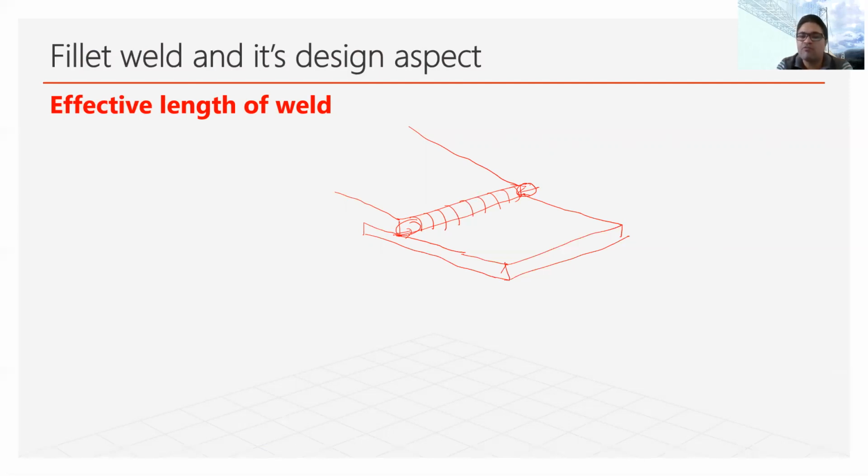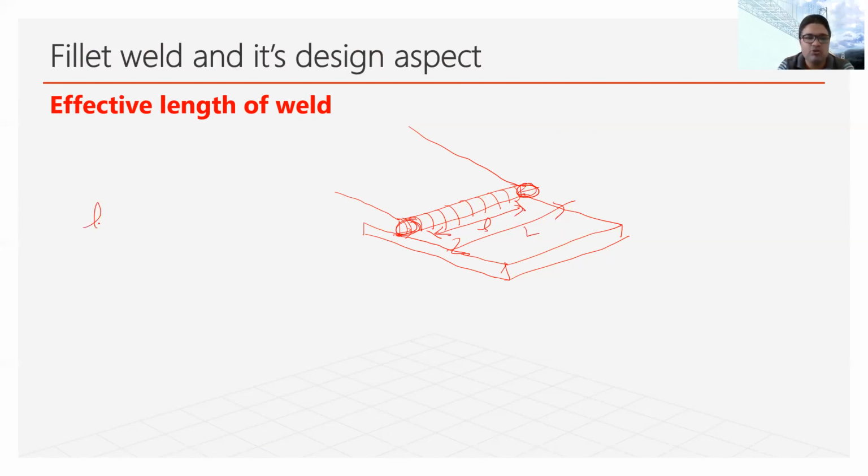So if we assume that practically this length is capital L, we know that initially and at the end there is a little taper, and because of that the throat thickness will be less. So in the calculation we consider only a specific length which has proper effective throat thickness, say small l.